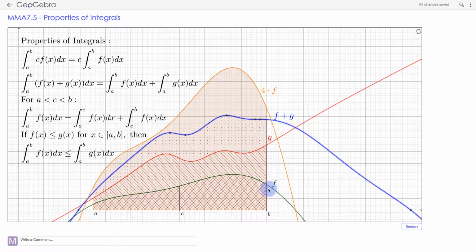And the area here is the same as the area below this plus the area below this function. So in other words, we can calculate the integral of a sum of functions by just integrating the functions individually.